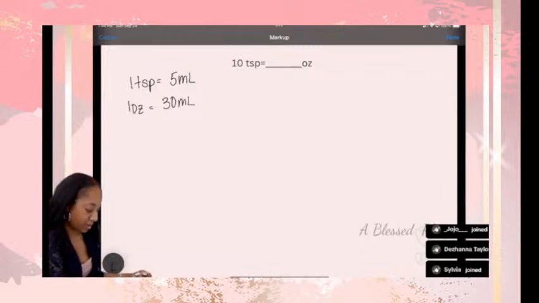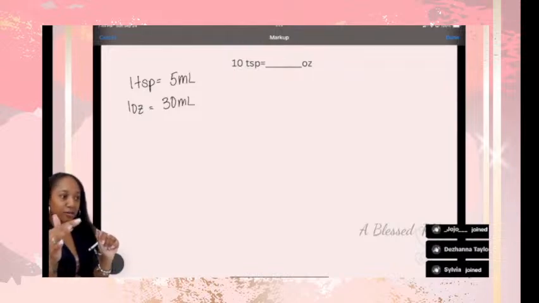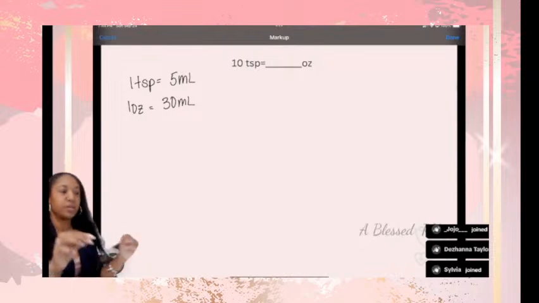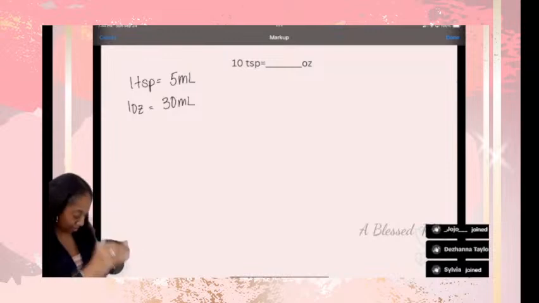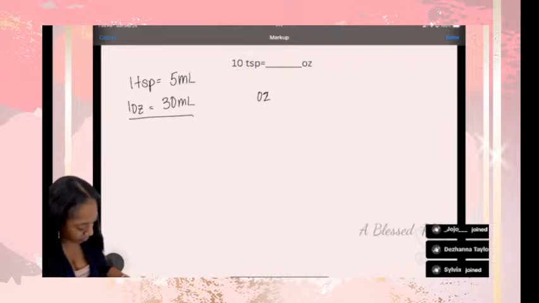I think that's all we need for right now, okay? So if I'm looking for an ounce, I'm going to start with ounce at the top. If I'm looking for it, I've got to go and find it, all right? So it's right there. So we'll put ounce and then milliliters on the bottom, okay? So I have 1 ounce.